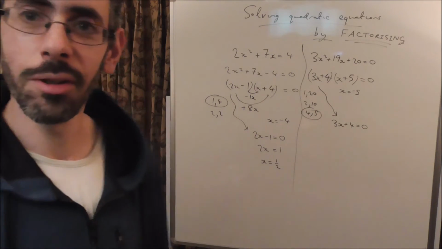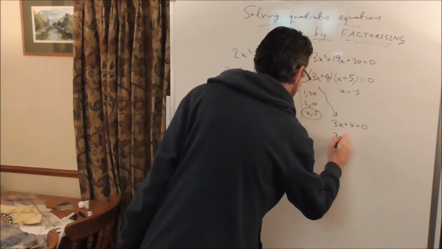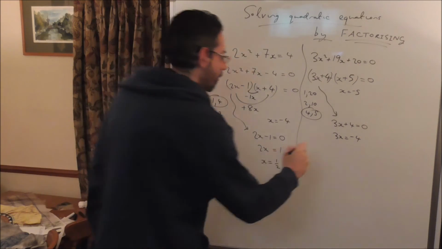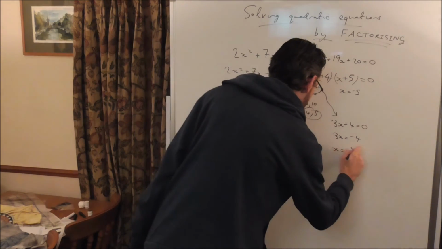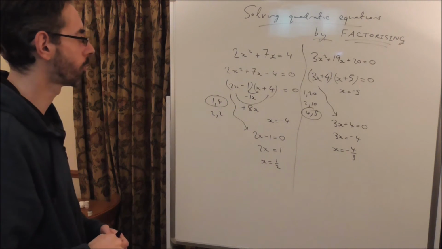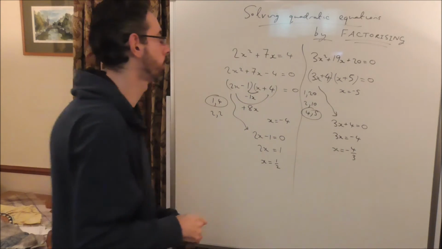So you want to get x on its own. To get rid of the 4, you can just take away 4 from both sides. So you get 3x equals minus 4. And now to get x on its own, you just divide both sides by 3. So you get x equals minus 4 over 3, minus 4/3. So that's the second solution. So the two solutions are x equals minus 5 and x equals minus 4/3.